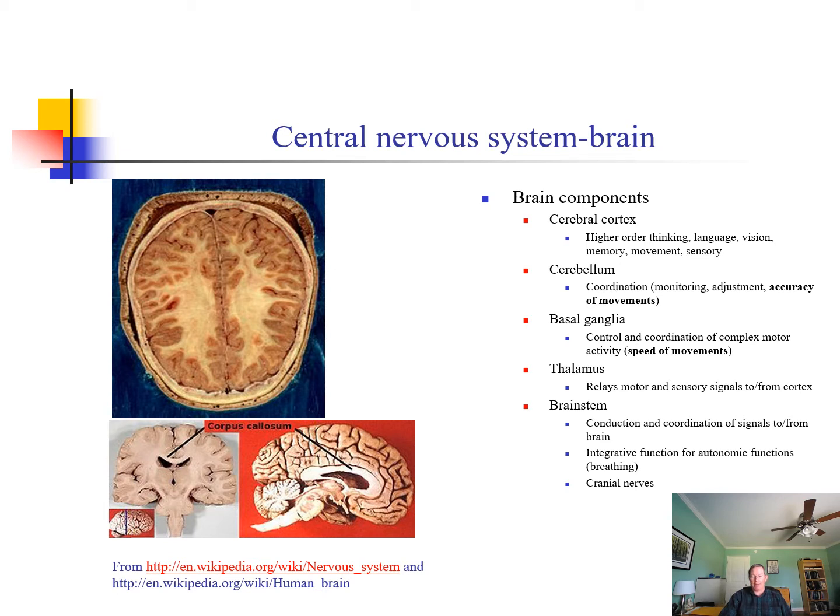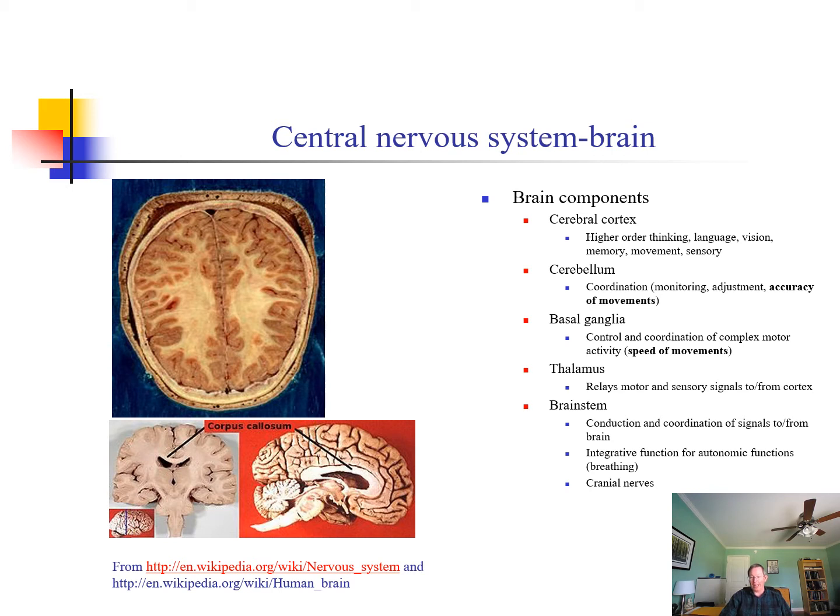I also have a fairly large section at the base of my brain, called the cerebellum, that is necessary for me to coordinate and provide accurate movements. Deeper in the brain, I have a set of structures called the basal ganglia that is also concerned with coordination and control of complex activity. But there, instead of accuracy, it's more related to the speed of those movements.